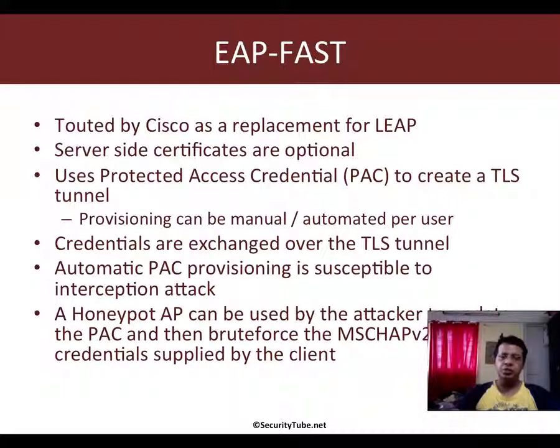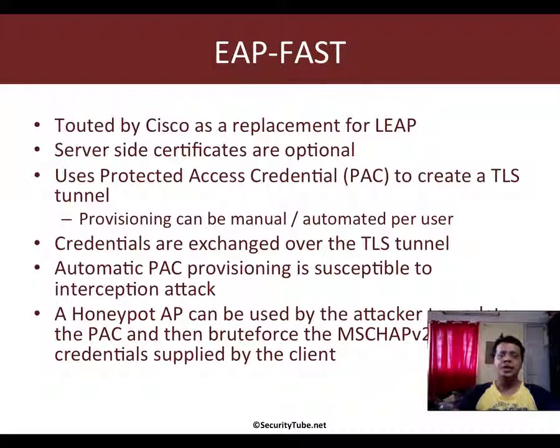This provisioning of the PAC can either be manual or automatic. Once the PAC is available with the client, it can create a TLS tunnel inside which other inner authentication protocols can be used and authentication can happen.